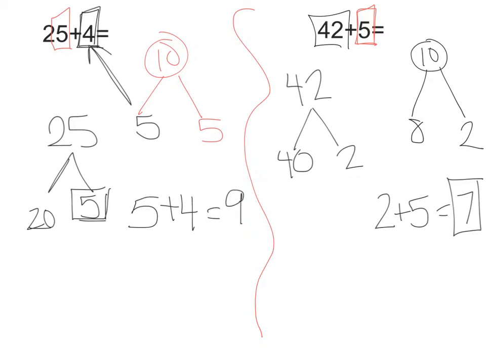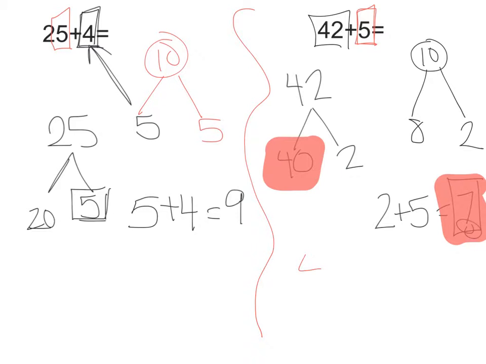Great. Now our next step is to add our 10s, because I know that 42 plus 5 can't just equal 7. That doesn't make sense because I have 4 10s in that number. So what I need to do is take my 40 and my 7, and add those two numbers together.